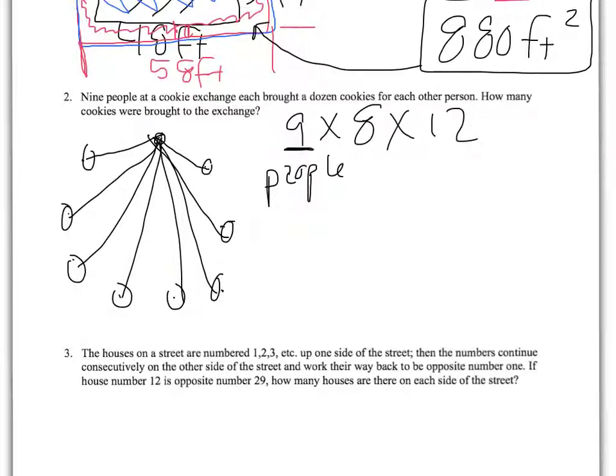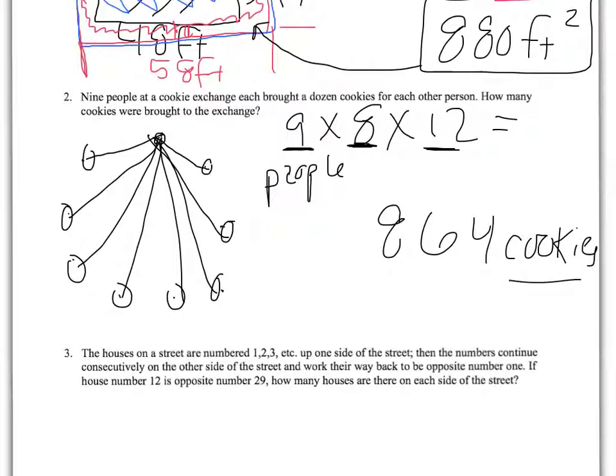So we have the total number of people times the number of people they're giving a dozen cookies to times the number of cookies in a dozen. This is going to give us a grand total of 864 cookies.